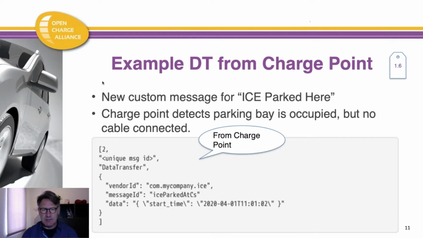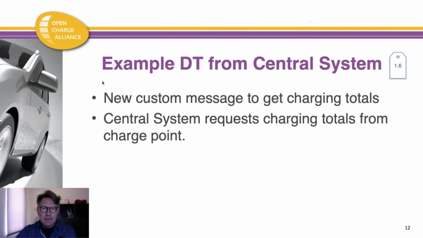Here you see that you can easily define your own messages. We can also do it the other way around. We have data transfer that's coming from the central system. Suppose that you want a custom message to get charging totals from the charge point.